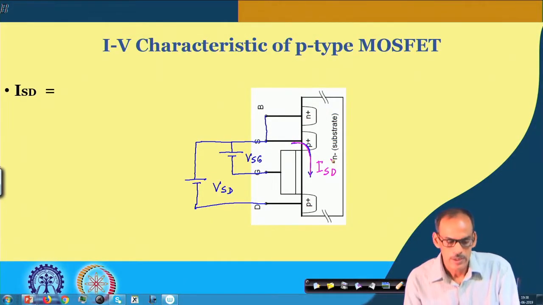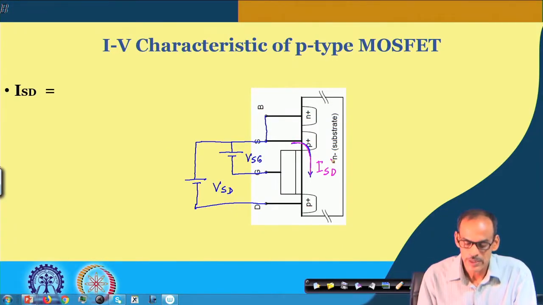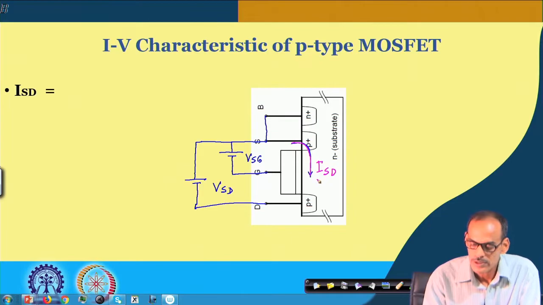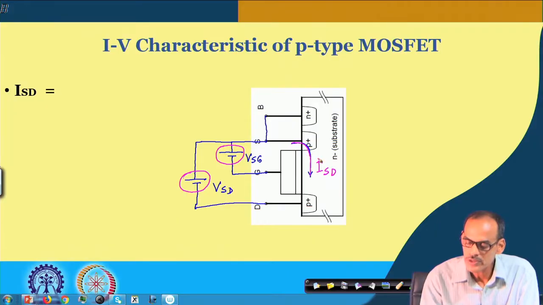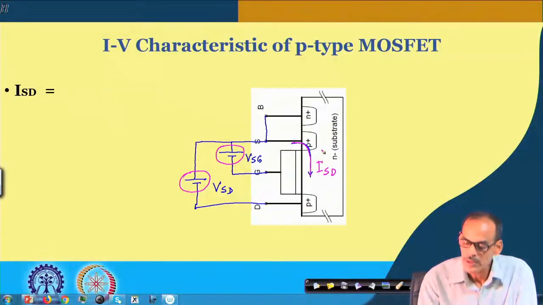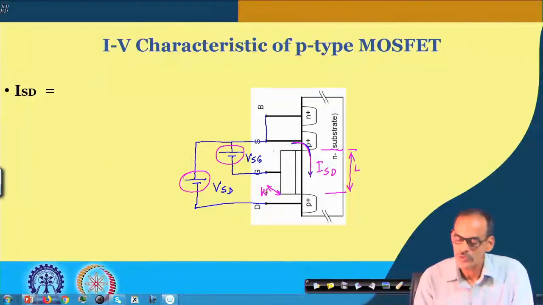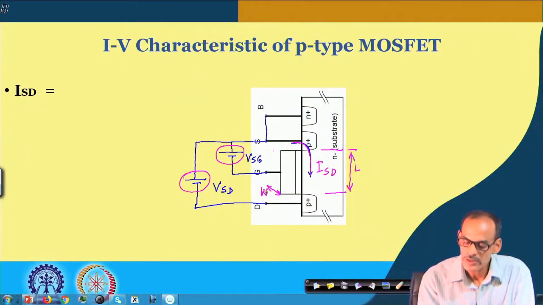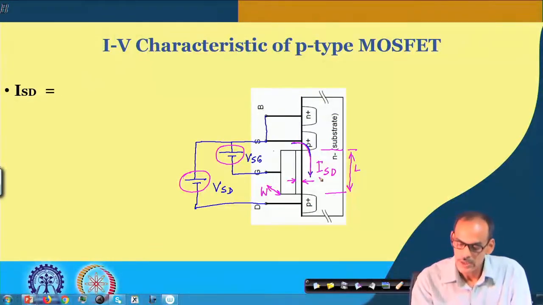As I said, this current depends on these two basic potentials, and also on the size of the channel, namely the length. This is the length L of the channel, and the orthogonal direction is the width W. In addition, it depends on the oxide thickness, the dielectric constant of the oxide, and the mobility of the holes.